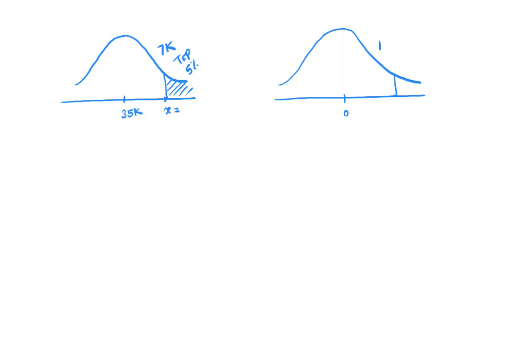So we are looking for this Z value. Now, this area is going to be the top 5%. This area to the right is 0.05, exactly.